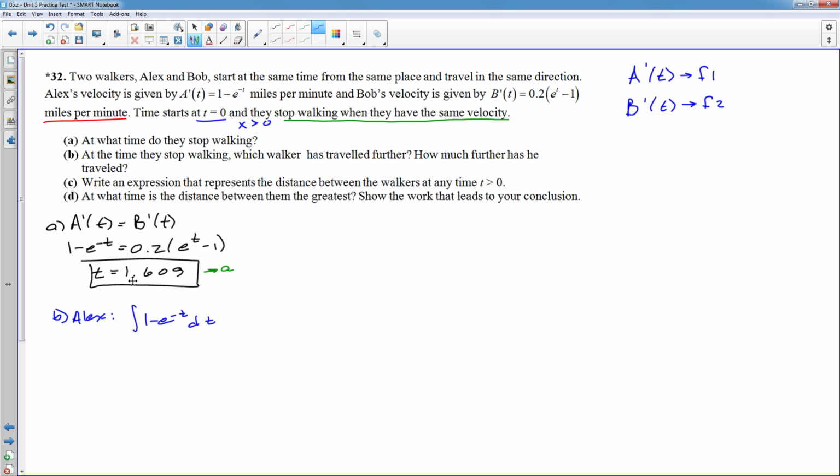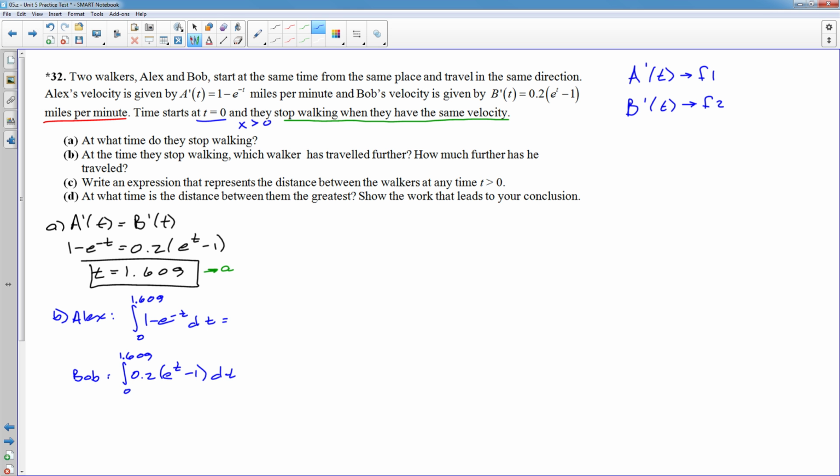And we know that he stopped walking at 1.609, so I'm going to measure his velocity from 0 to 1.609. And this is why I stored the value. I'll throw that in the calculator. And while I'm at it, I'm going to set up Bob's antiderivative. His velocity was 0.2 times e to the t minus 1, dt, and that again is going to be measured from 0 to 1.609.